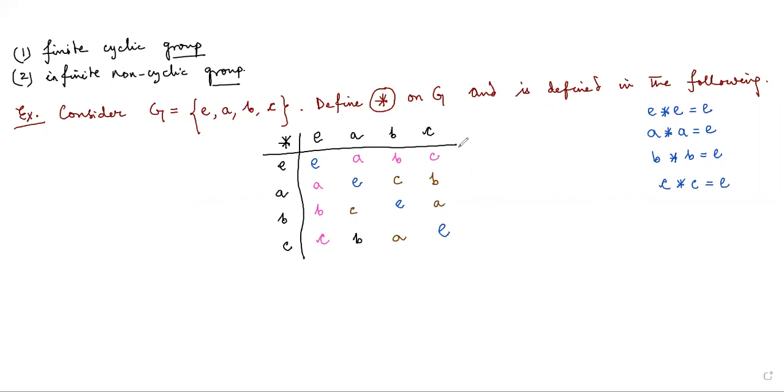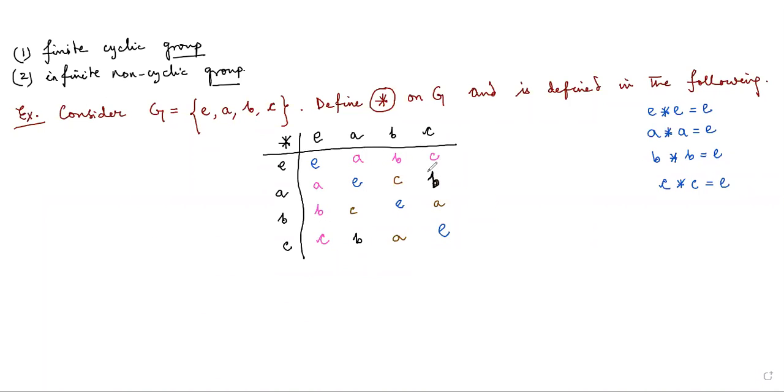I have used multiple colors to write these elements intentionally, so that you can observe some kind of structural parity. All the diagonal elements have been written in blue color. The elements over here are written in pink color, here also in pink color.